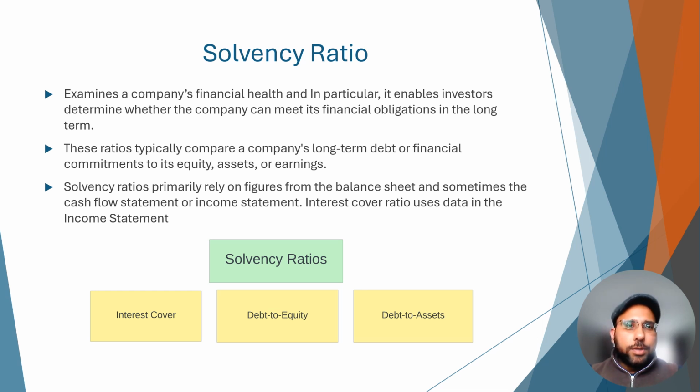Now these ratios are focused on providing more of an insight into the company's long-term financial stability, understanding what sort of leverage they are using, and their ability to generate sustainable profits in order to cover these debt obligations for an extended period of time.